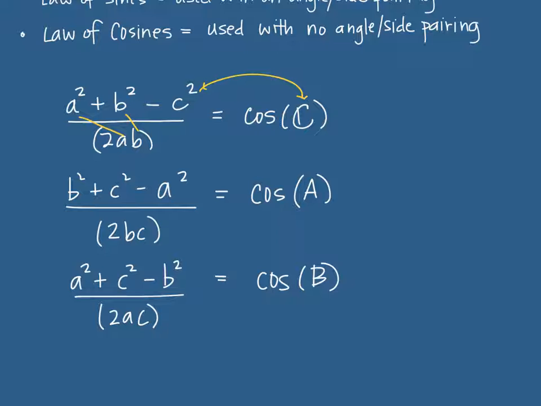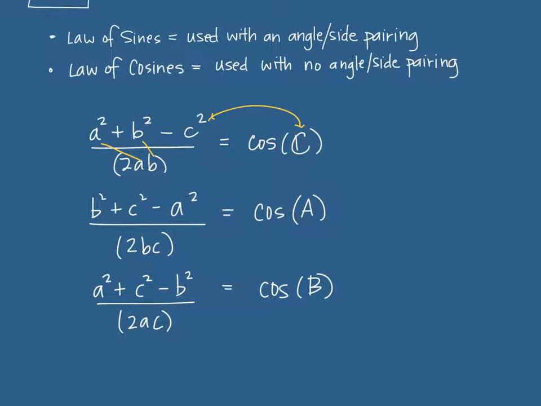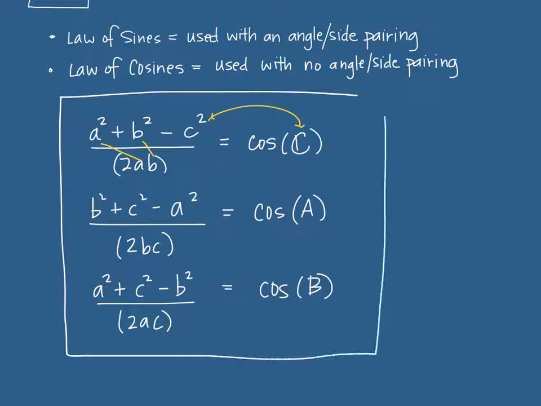It comes in 3 versions. Kind of spells a word, right? C-A-B, cab. Okay, but there are 3 versions of the law of cosines, and you just use the one for the angle that you have.